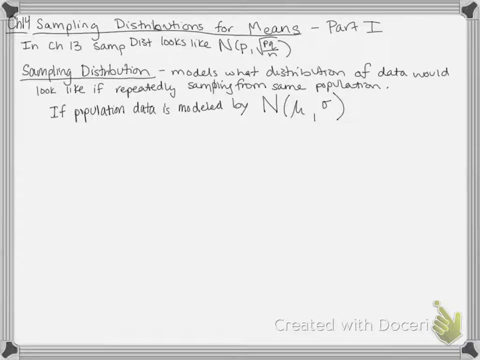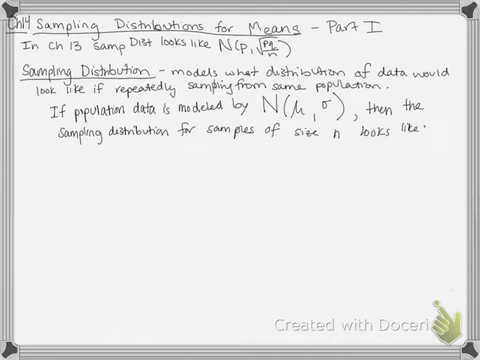If that's the case for our population, then the sampling distribution for samples of size n, little n, looks like another normal model where I have the same mean, but I take my standard deviation and divide by the square root of my sample size.